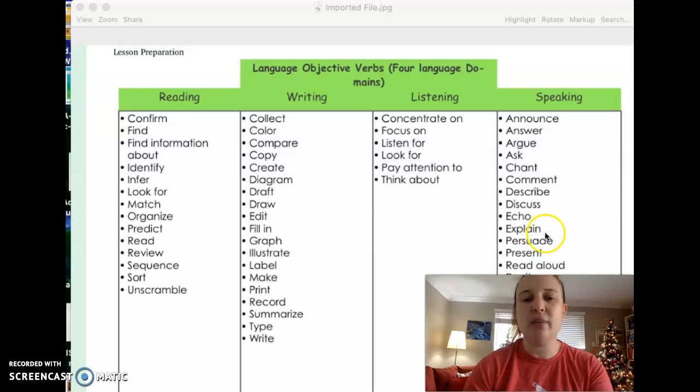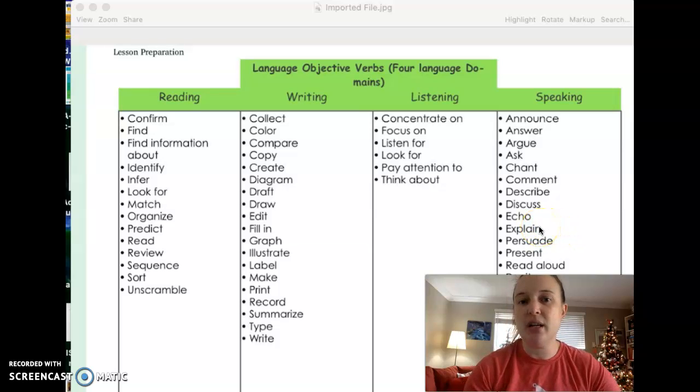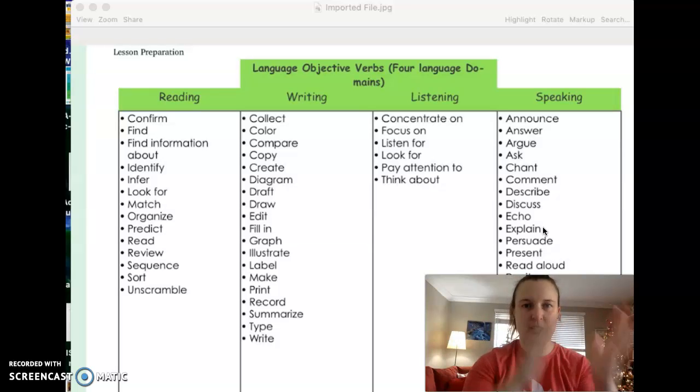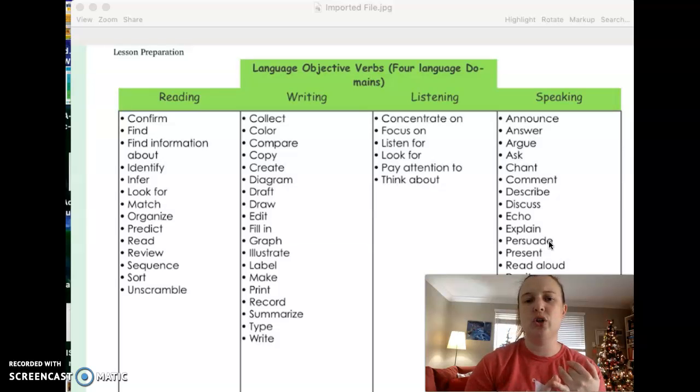And if you really think about the difference between explaining and persuading, for example, there's a lot of different language that will be required. If you're explaining, you're going to need to use sequence words to explain, like, a process, for example. Versus if you're doing persuasion, you're going to need to use verbs such as should, or you need to, you must.